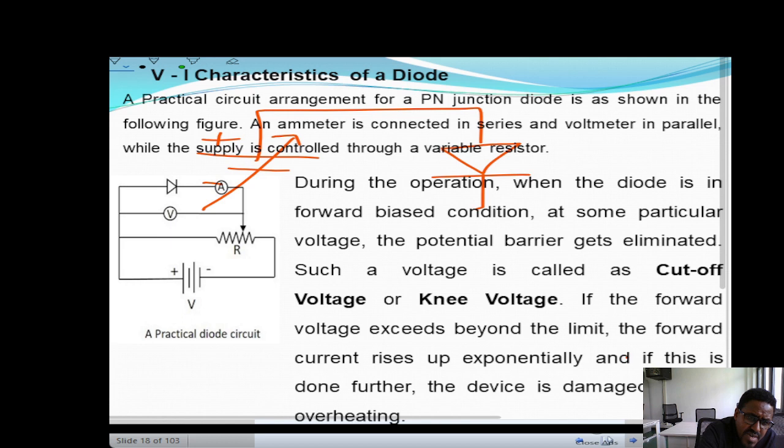The cathode also connects with an ammeter, and the output of the ammeter is connected to the negative side of the battery. And then also connect a voltmeter in parallel with the diode.